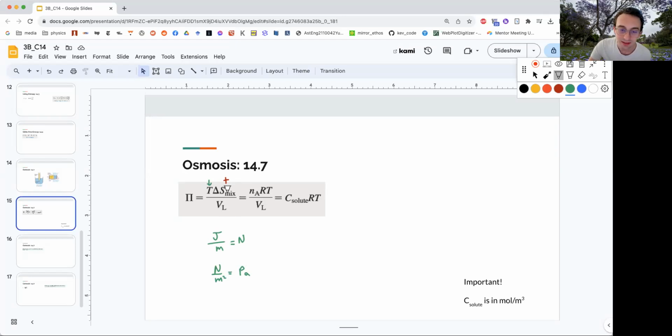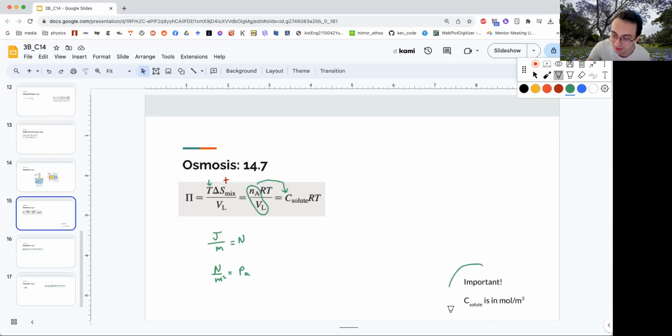And we can plug in this entropy change due to mixing that is derived in section 14.6. That just gives you the number of moles of solute times R, the ideal gas constant. And then we can take this number of moles over the volume and call that a concentration.